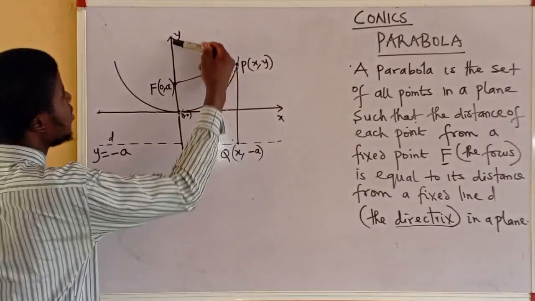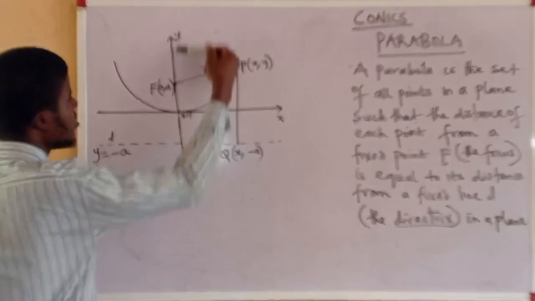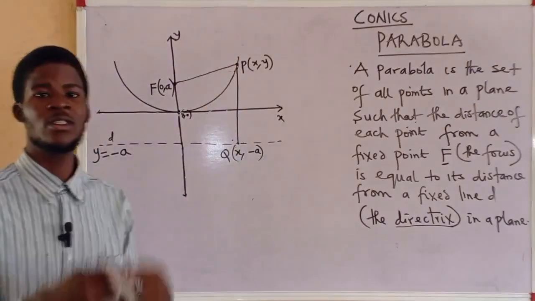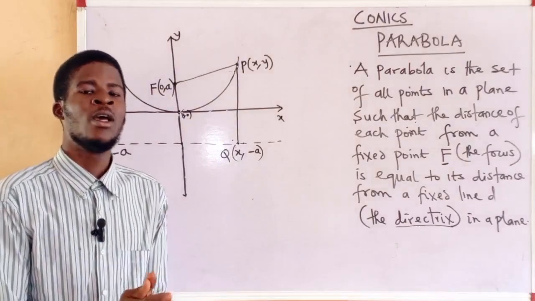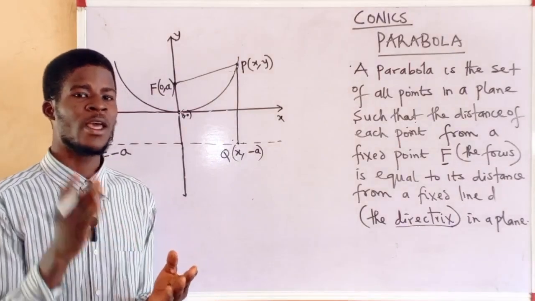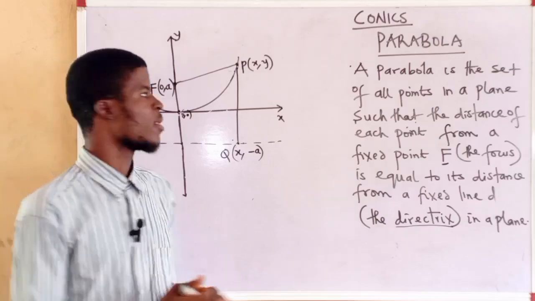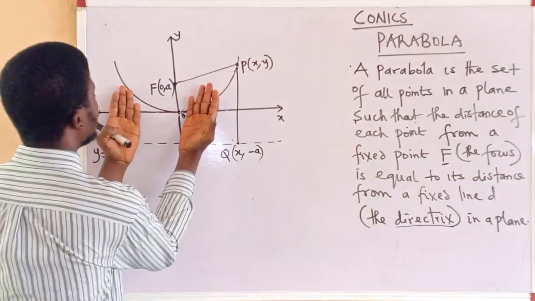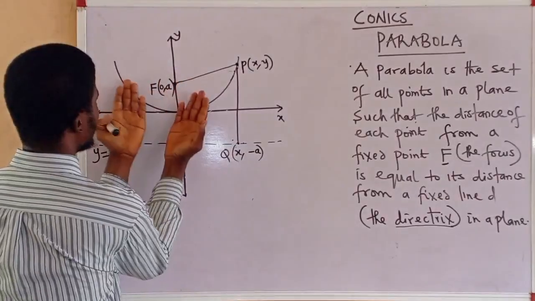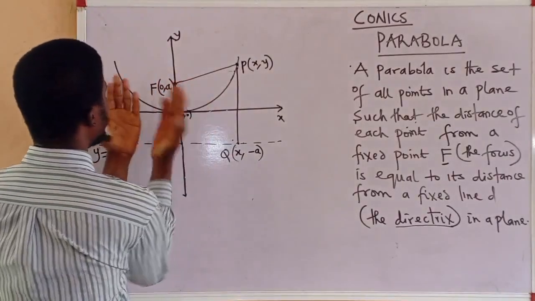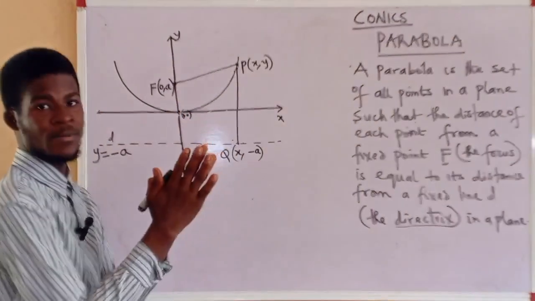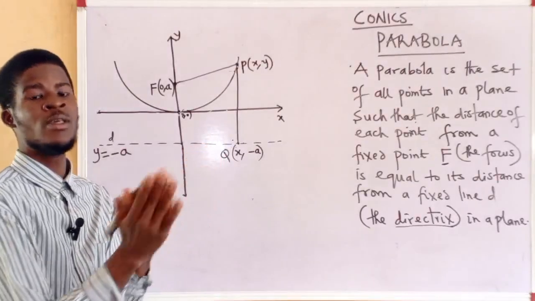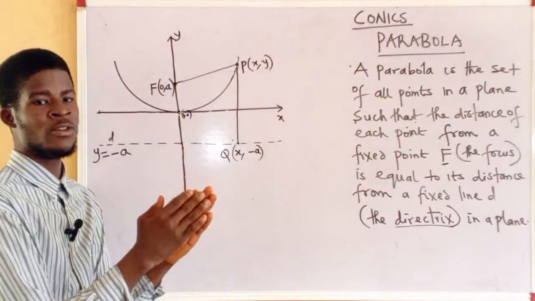So, if the y-axis is the axis of symmetry, what is an axis of symmetry? When we hear symmetry in maths, the axis of symmetry explains this. Look at this graph. If I try to bend this graph in this manner, the graph will perfectly overlap. It will close up completely. That is what we mean by axis of symmetry.